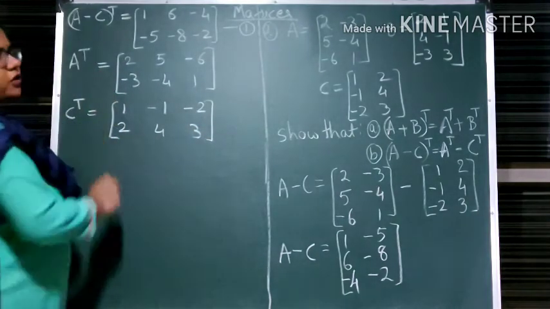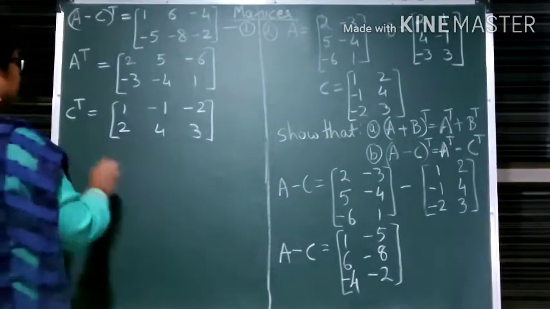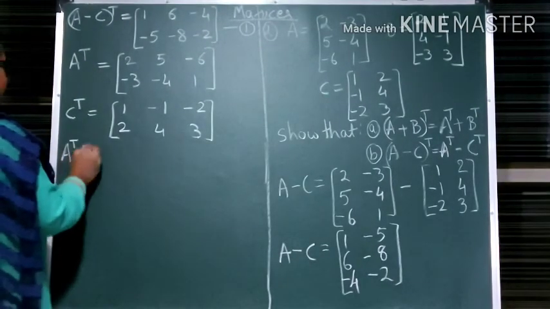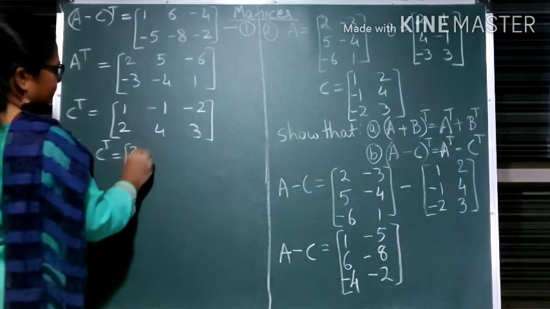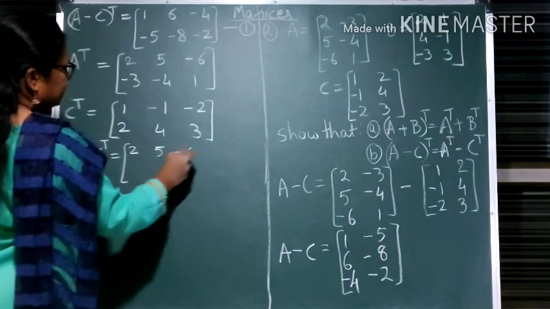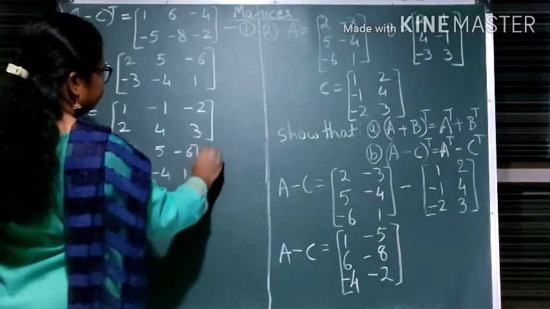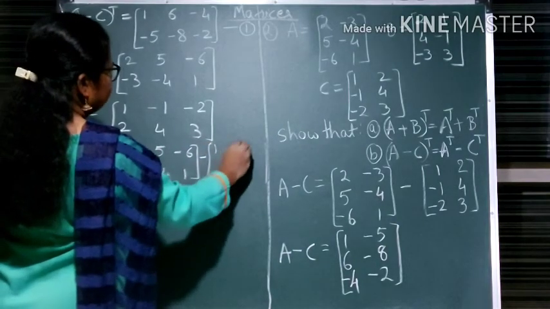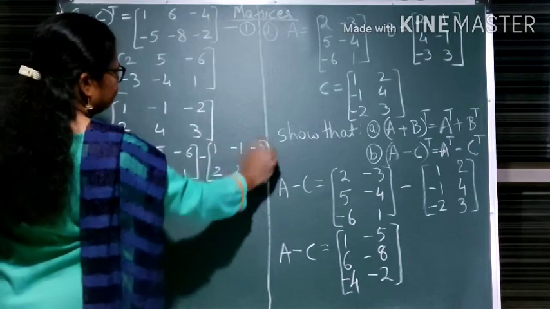So now we have found out A transpose and C transpose. Now we will subtract them. So A transpose minus C transpose is equal to 2, 5, minus 6, minus 3, minus 4, 1, minus 1, minus 1, minus 2, and 2, 4, 3.